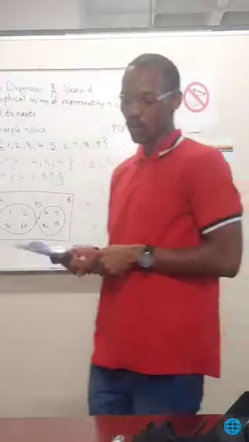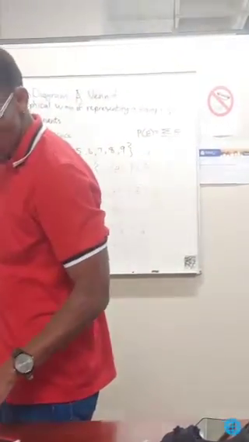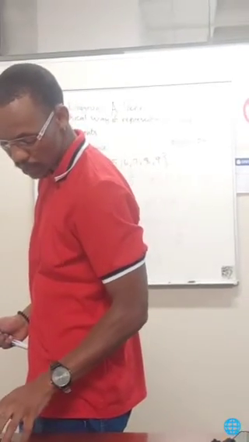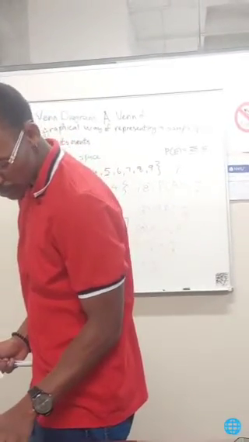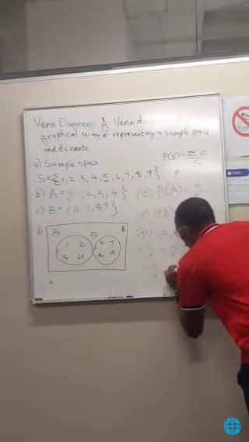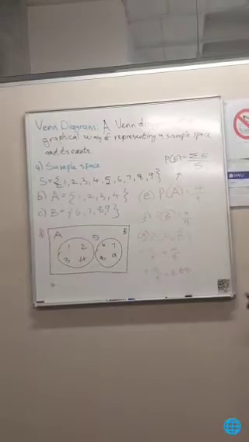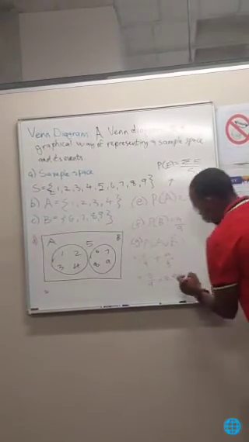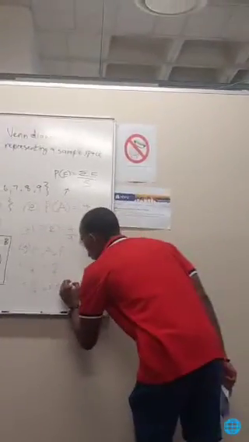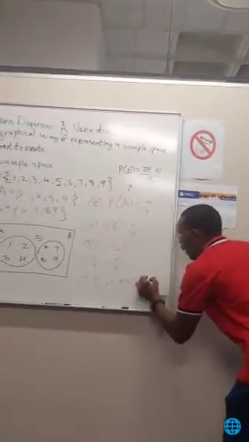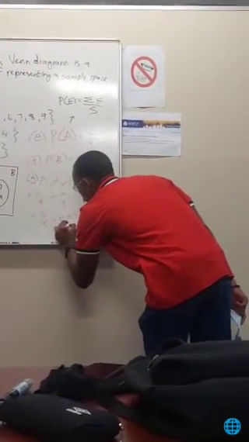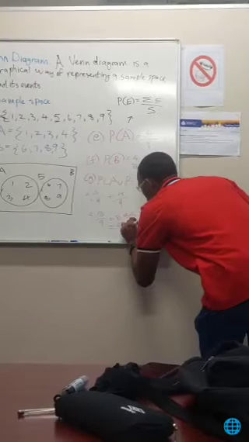And then we also put it in our calculator, 8 over 9 equals 0.88. But now we have to represent this as a percentage. So we times by 100. Therefore, we have 88.888.